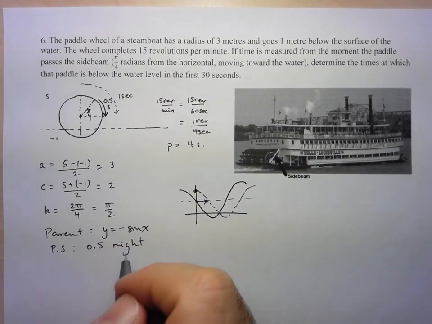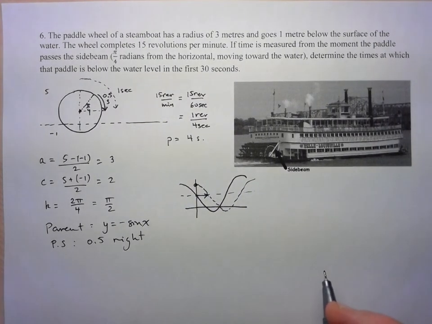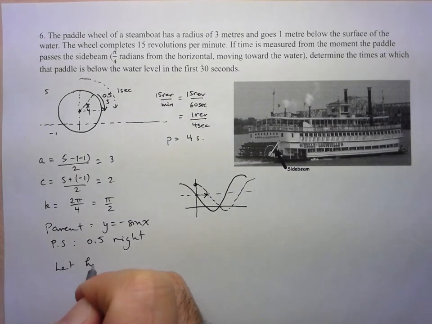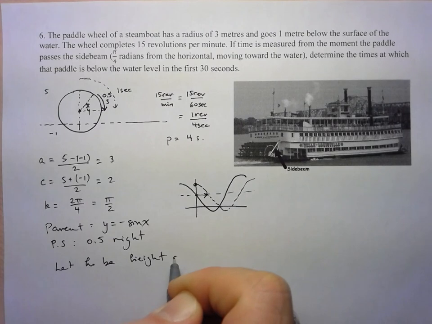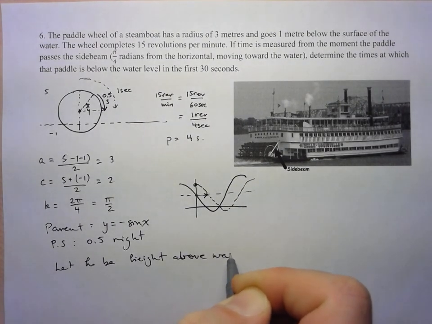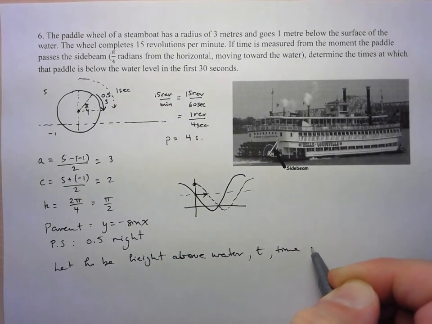And so now we have all the information we need to come up with a model. Okay, so here we'll say let h be height above water, and let t be time in seconds.